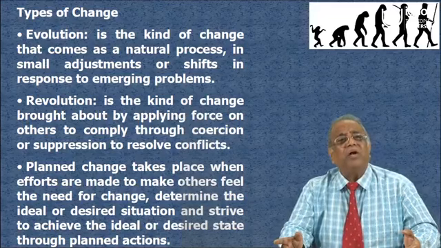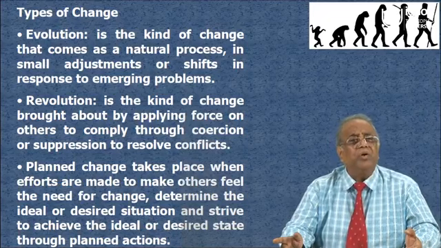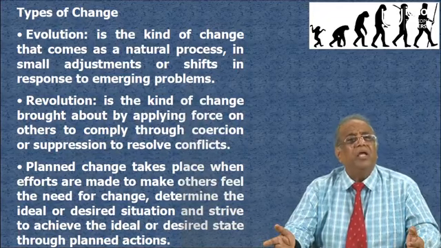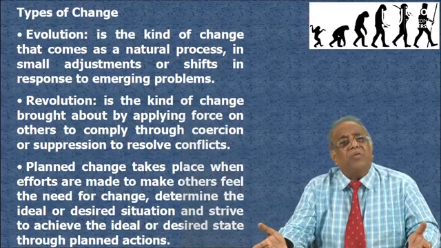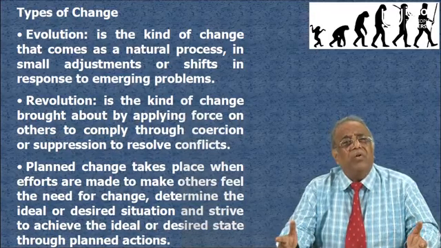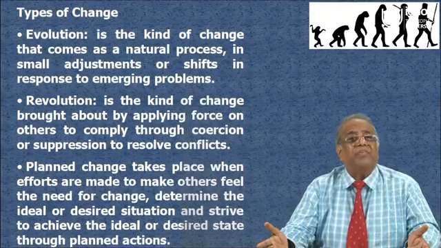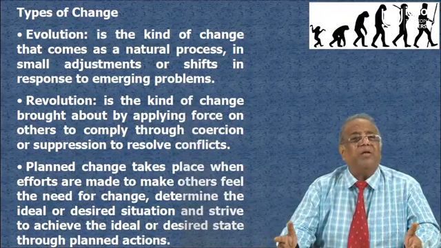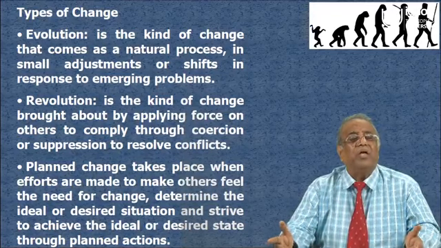Now let us see what the types of changes are. Evolution, revolution and planned change. Evolution is a natural process. It is a kind of change that comes naturally, in small adjustments or shifts in response to emerging problems.